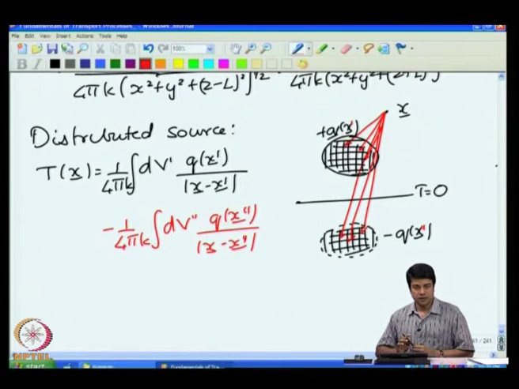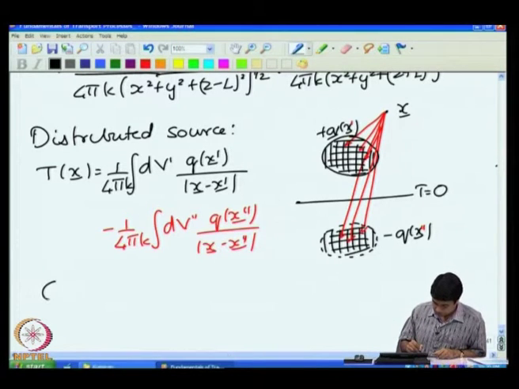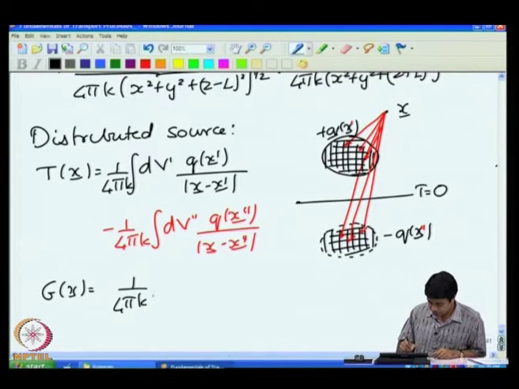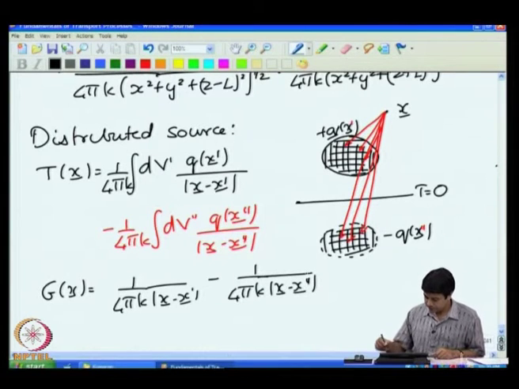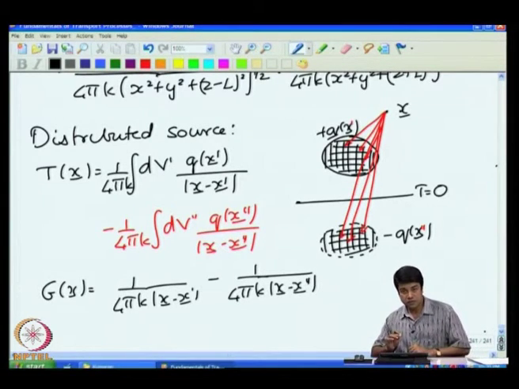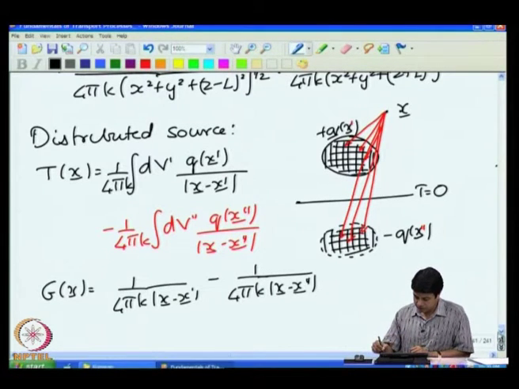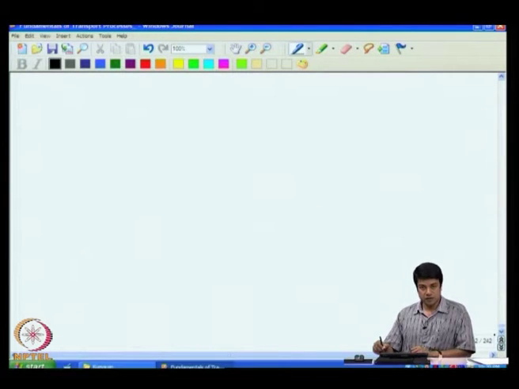In this particular case, the Green's function is G of x equal to 1 by 4 pi k into x minus x prime plus minus x minus x double prime, where x double prime is the location of the image, the reflection of the source point on the wall. So, this is for 0 temperature boundary conditions at the surface.